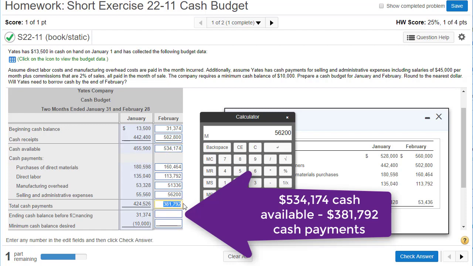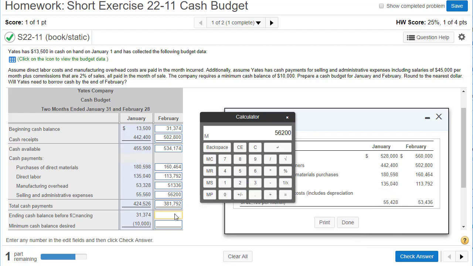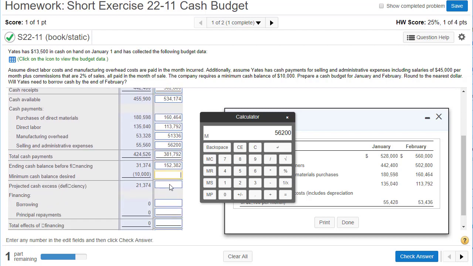We're going to subtract the total cash payments, and the difference is ending cash balance before financing, which is $152,382. And remember, we want to have a minimum balance of $10,000. So to calculate the excess, we're going to put a minus $10,000 in there.